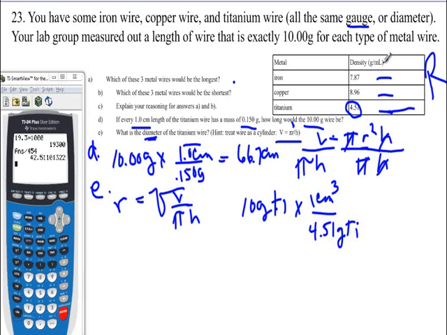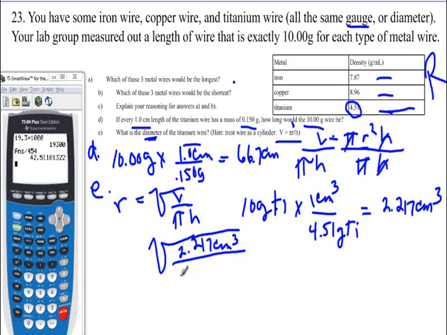Centimeters cubed and milliliters are the same, right? So that's going to give me, if I divide that, 2.217 centimeters cubed. Okay, so let's put that into the equation. So it's going to be the square root of 2.217 centimeters cubed over pi, right? My calculator will have a pi button, times the h, which we determined up here was 66.7 centimeters. Okay.